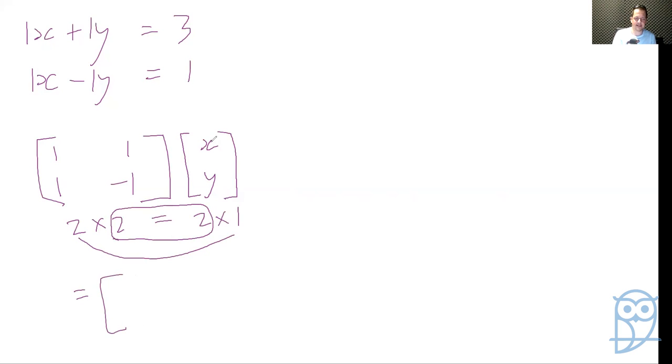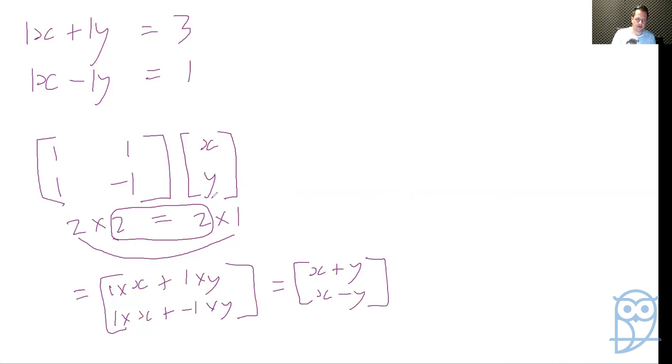So rows across, columns down. So this is going to be 1 times x plus 1 times y. And then over here, it's going to be 1 times x plus minus 1 times y. And if we simplify that out, we get x plus y and x minus y, which is exactly what we have here.